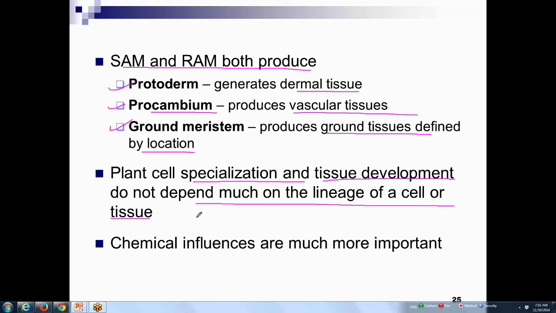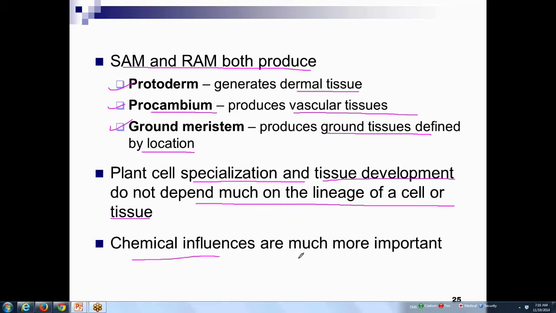In other words, it's not that since I'm a protoderm cell and my parents were protoderm cells, I am destined to always be a protoderm cell. If you're a procambium cell, it's not necessarily because your parent cells were also procambium cells. It's much more dependent on things like hormones and chemical influences.